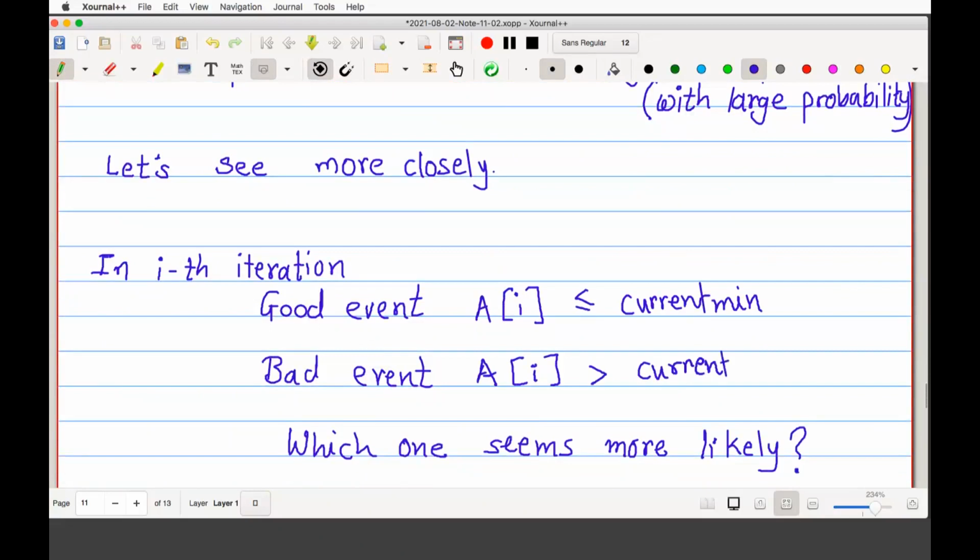So which of these two do you think is more likely? Just focus on the ith iteration. Out of these two, which seems more likely?